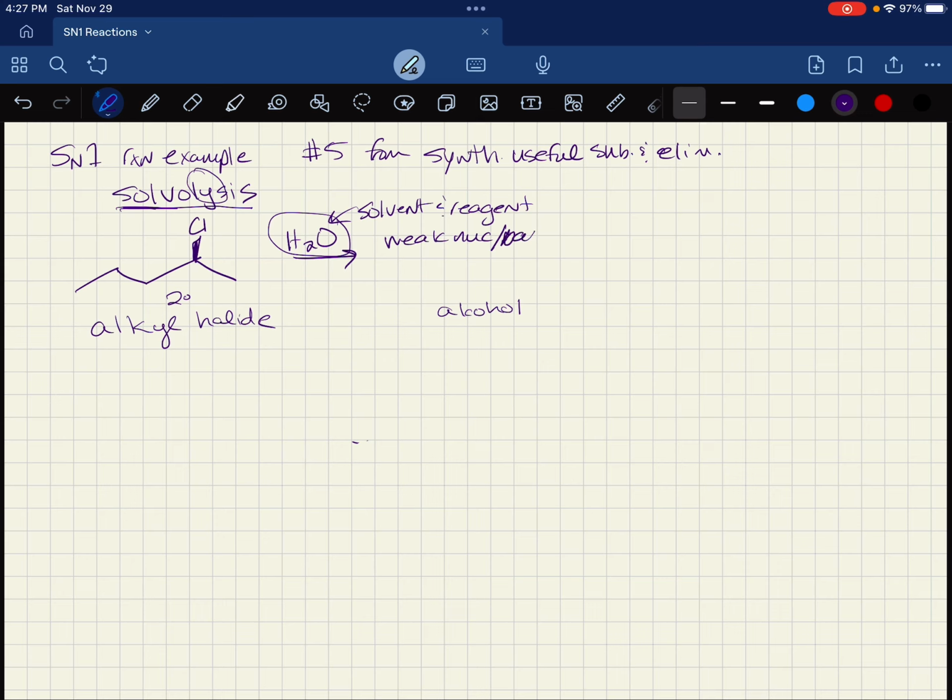No temperature is indicated, so the assumption here is that it must be around or near room temperature. So since we have a secondary substrate, a weak nucleophile/base, and lower temperatures, this is going to go SN1.